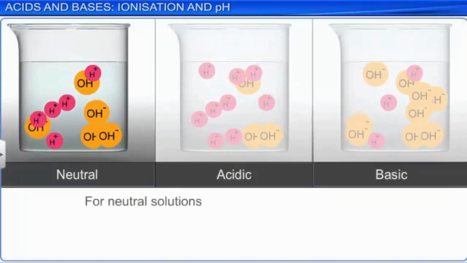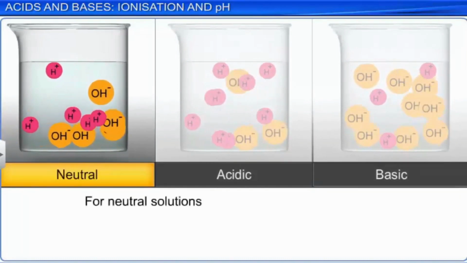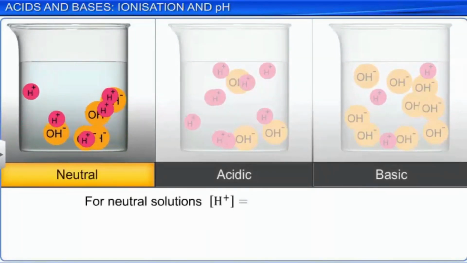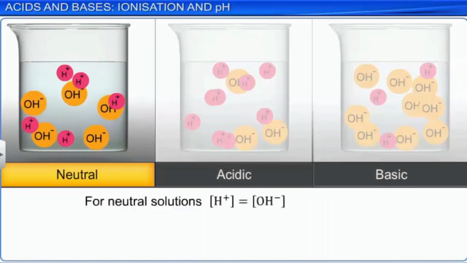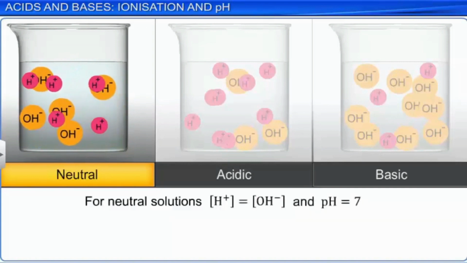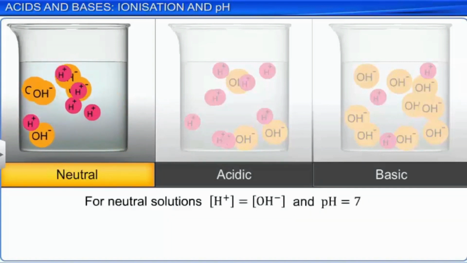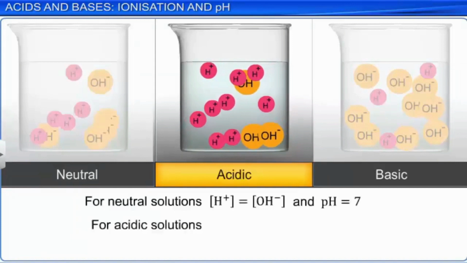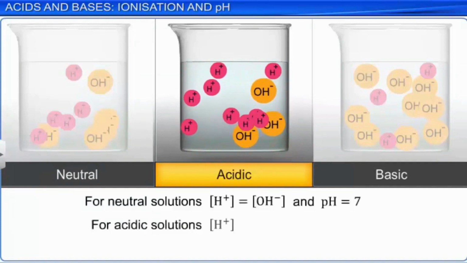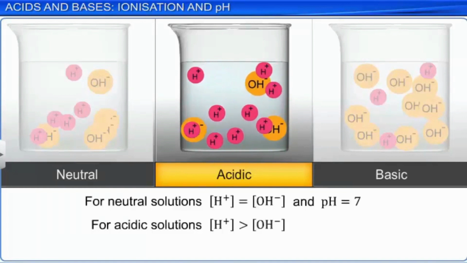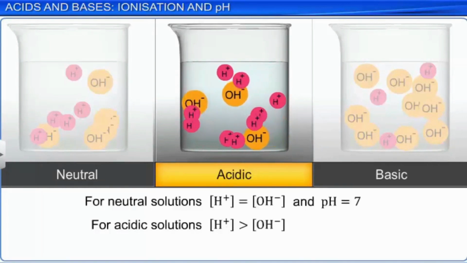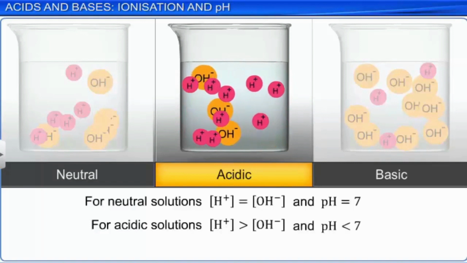Thus, for neutral solutions, the H plus ion concentration is equal to the OH minus ion concentration, and the pH is equal to 7. For acidic solutions, the H plus ion concentration is greater than the OH minus ion concentration, and the pH is less than 7.